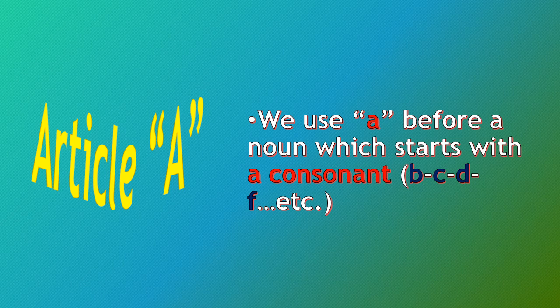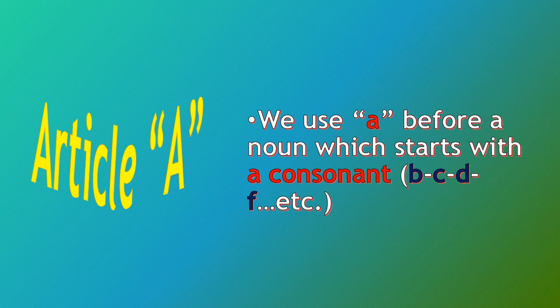Now, let's move to the rule for the article a. The rule says we use a before a noun which starts with a consonant. Okay, let me explain. As you know, in the alphabet, we have consonants and vowels.